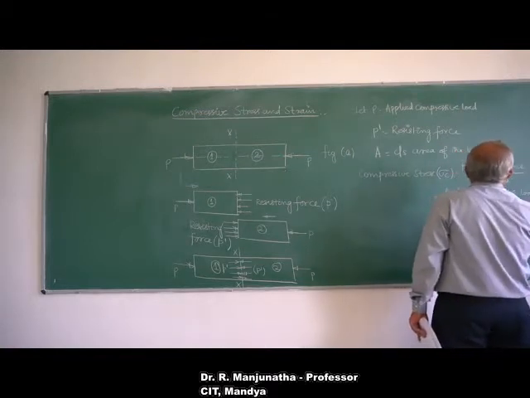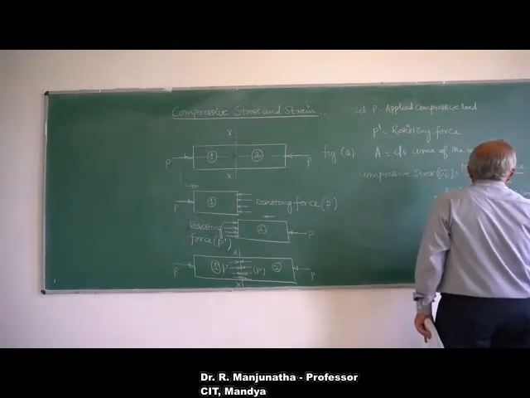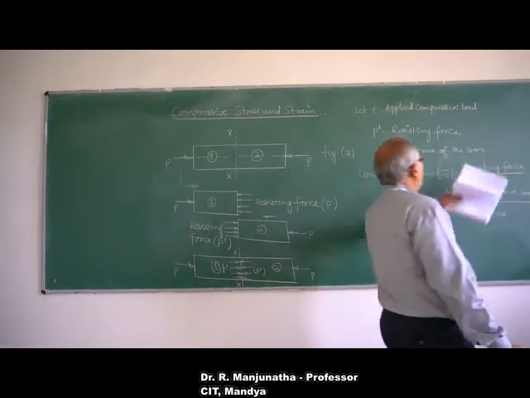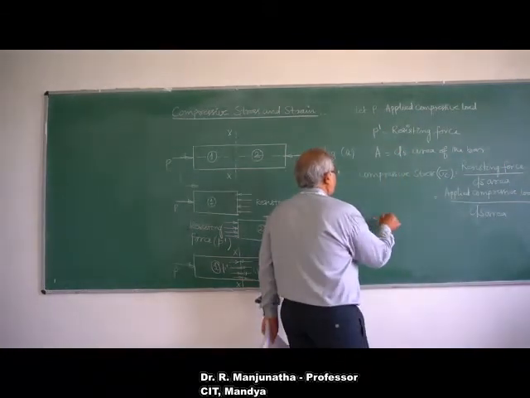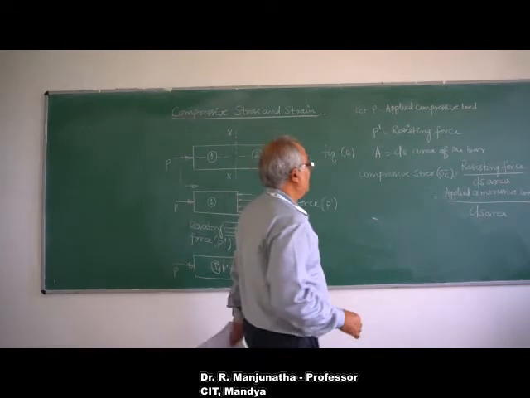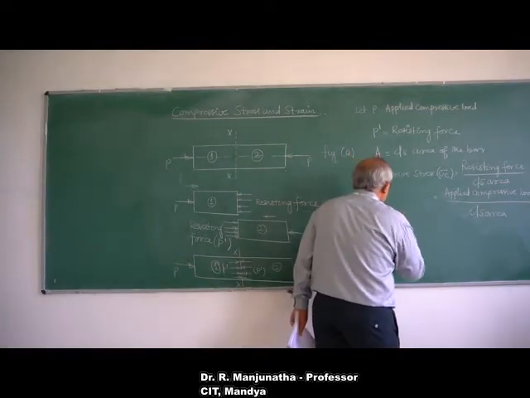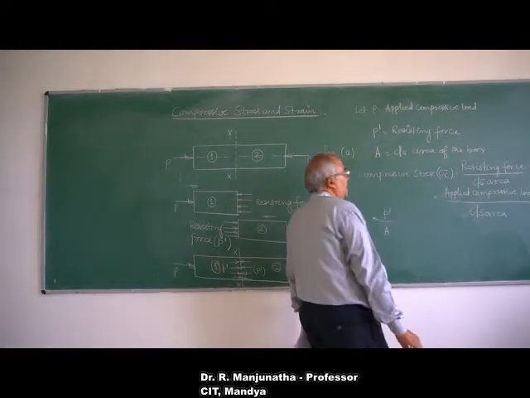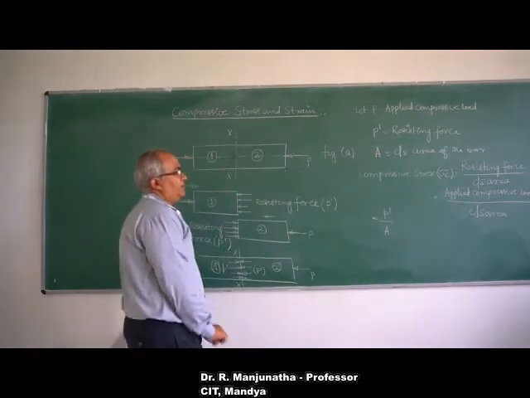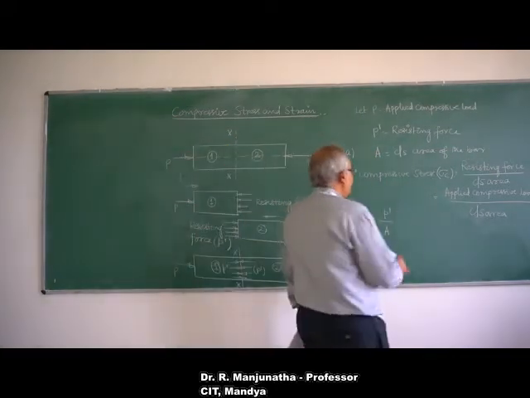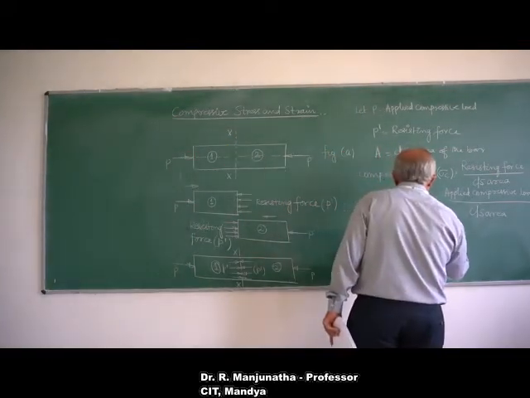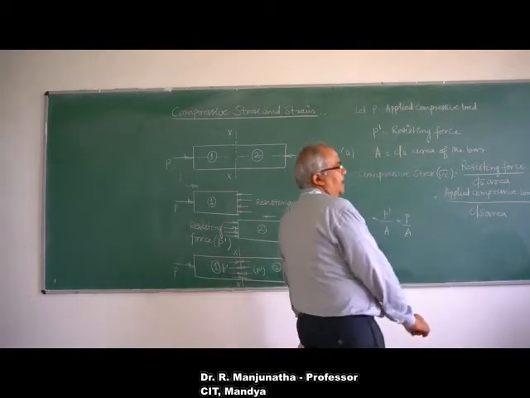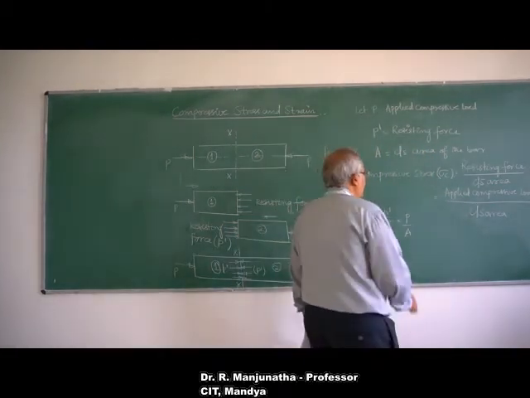So we have the resisting force, which is P dash here, divided by the cross-sectional area A, and the applied compressive load is the capital P, that is P by A, where A is the cross-sectional area of the member.